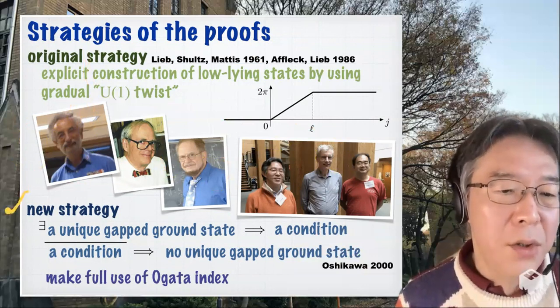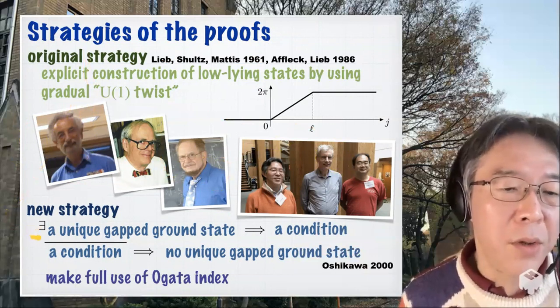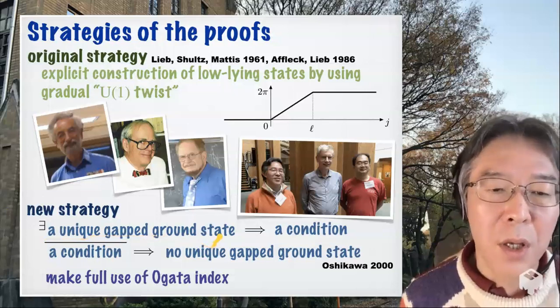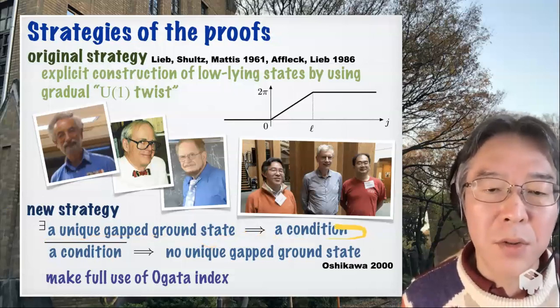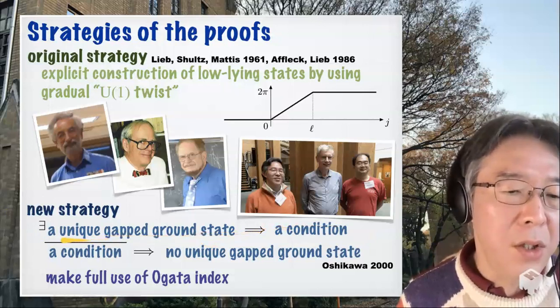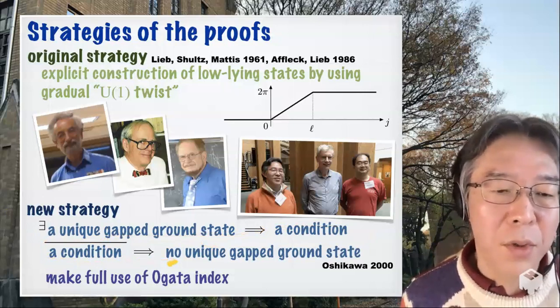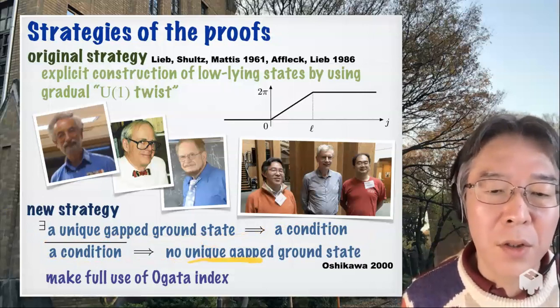But here we make use of a totally different strategy. We start from the assumption that the model has a unique gapped ground state, and we derive a certain necessary condition. Then you take the contraposition. If you start from the negation of this necessary condition, you get the conclusion that the model cannot have a unique gapped ground state.